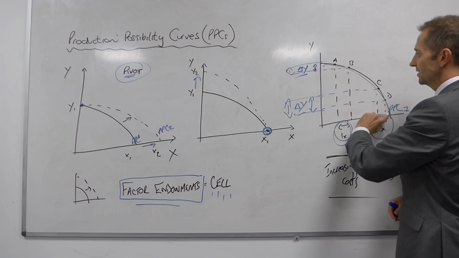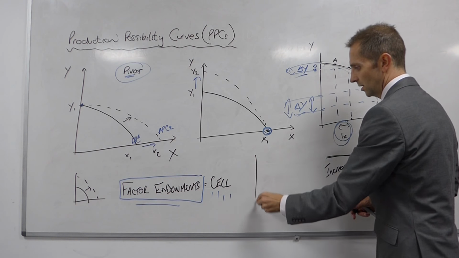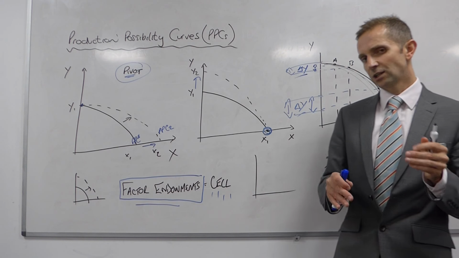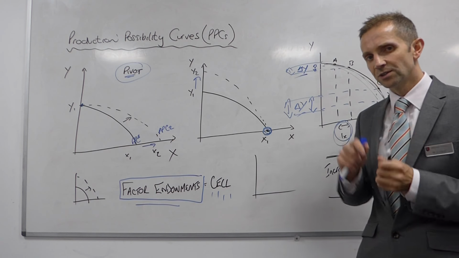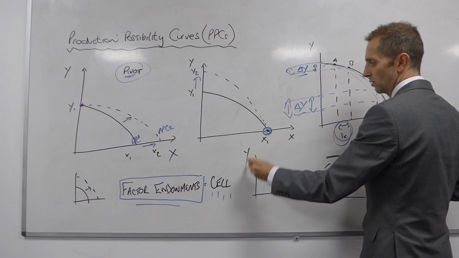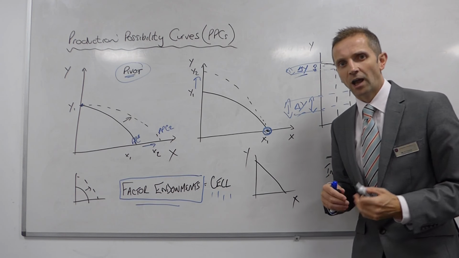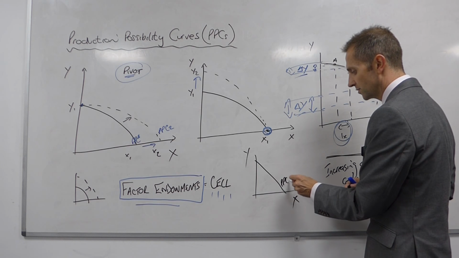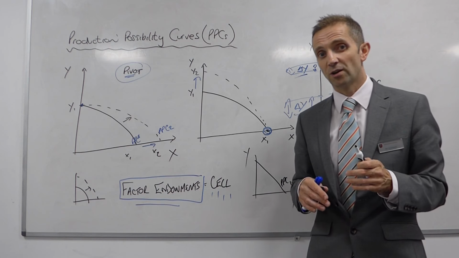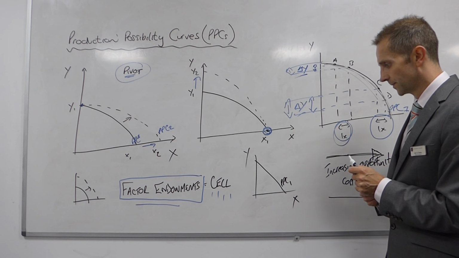Now, that is not the only shape of a PPC. So we generally tend to think of concave, convex, and also straight line constant PPC curves. So if you had a straight line, like so, then the opportunity cost along the PPC frontier, or the production possibility curve, is constant rather than increasing opportunity costs.